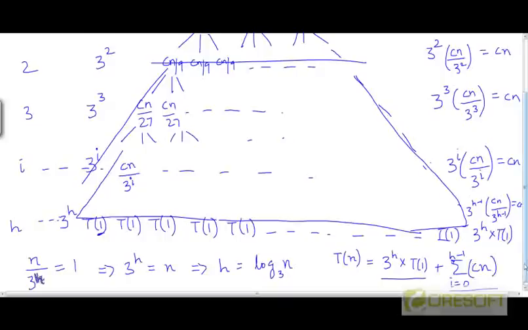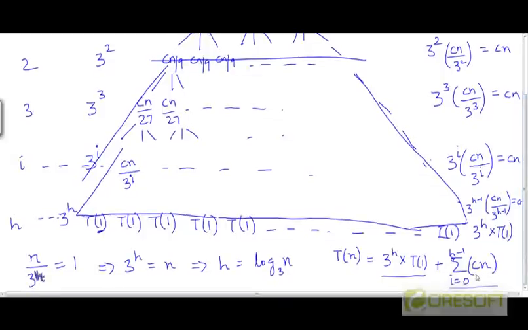And what is being added here is the level sum, the sum of the costs of all the nodes in each level. So within each level, the sum of the costs was c times n, and that is being added within this series.